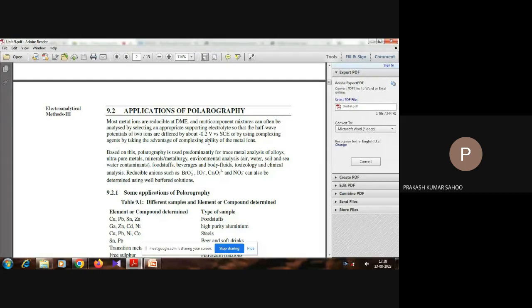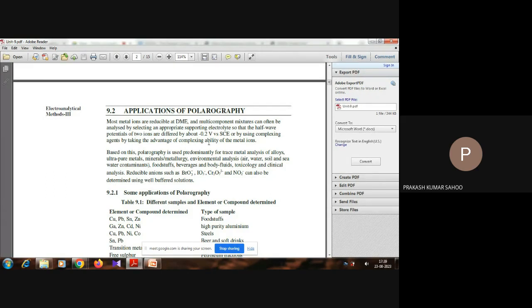As we have already discussed yesterday, in polarography the current is determined as a function of potential, and generally the dropping mercury electrode, that is DME, is used, whose function is to maintain the constant potential of the instrument.